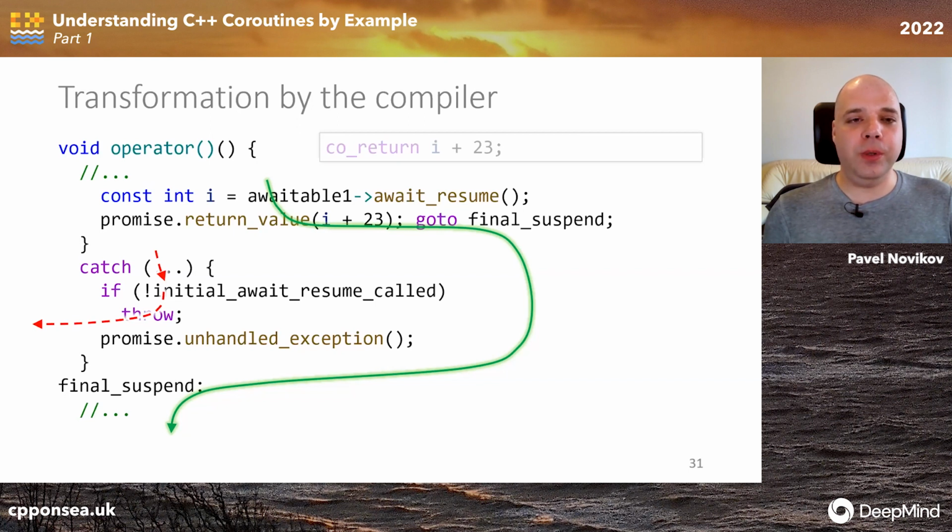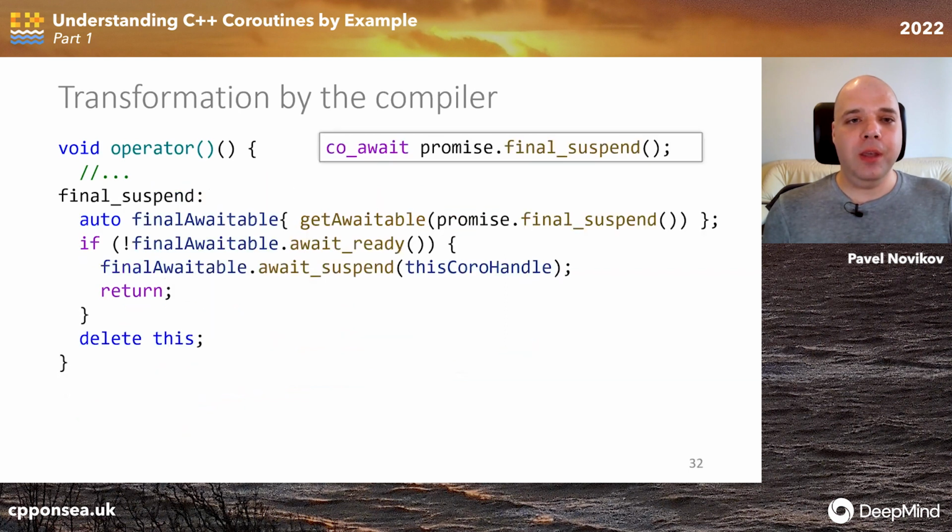Otherwise, if the coroutine was at least initialized successfully and the exception originated from, for example, the body of the coroutine, we call unhandled exception on the promise object, which is supposed to handle the exception, for example, save the exception pointer. And anyway, we somehow get to this part, the final suspend part.